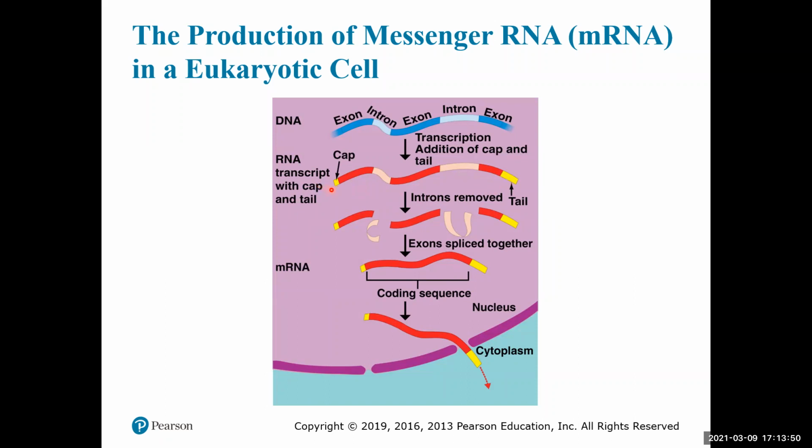Those are the yellow areas. Then the RNA splicing happens. Those introns are cut out, so those pink sections are removed. The red sections, the exons, are spliced together. Now, this is the important coding sequence. This is what's going to determine the specific polypeptide arrangement, the amino acid arrangement that makes up the protein.